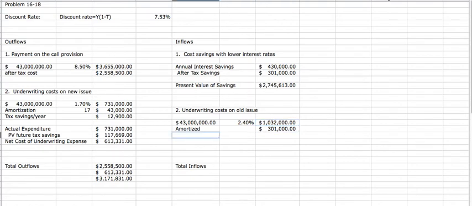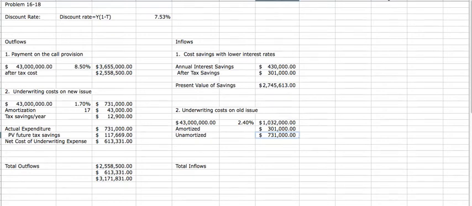So we have the unamortized amount, the difference between these two: $1,032,000 minus 301, that's $731,000. But what we need to do is calculate also the present value of the deferred future write-off. We're going to be able to write this off immediately.